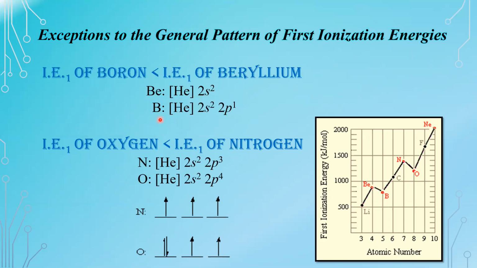Whereas in boron, it is 2s2 and 2p1, which is not completely filled, only one electron is in 2p1. Hence, the electron present in 2p1 can be easily removed.